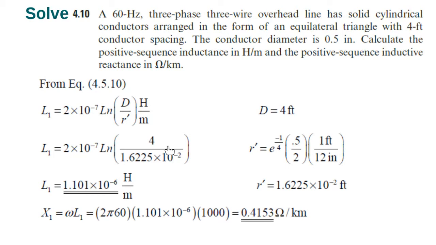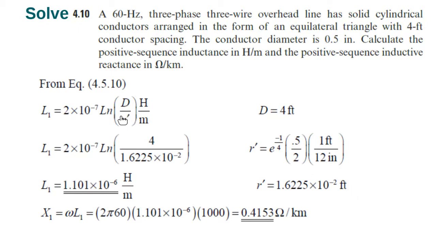And this one is 4 feet, so this is feet over feet, because this is given in feet. Here, the equilateral triangle has 4 feet conductor spacing, so D is given in feet, correct? And R prime, we put it into feet also.